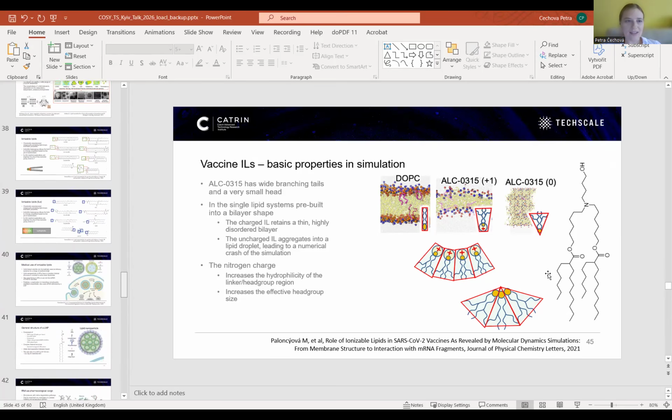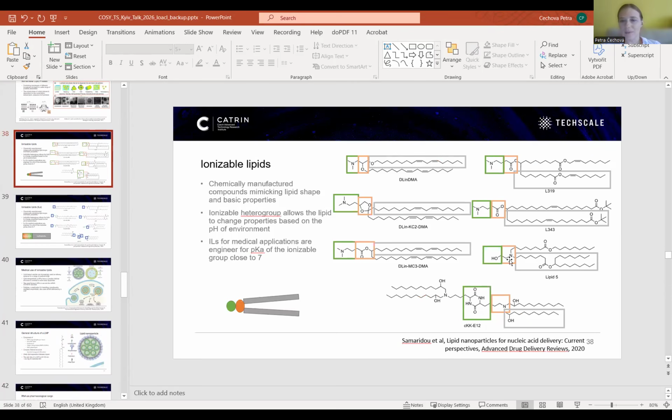And in the case of Moderna, the Moderna ionizable lipid is this lipid 5. You can see that one of the tails is also branched in a similar way into 2 small tails, but the other tail is straighter and isn't branching. We actually did some simulation with the Moderna lipid as well. And what we could see in our simulations is that the Moderna lipid did basically the same thing as the Pfizer lipid, but more slowly.